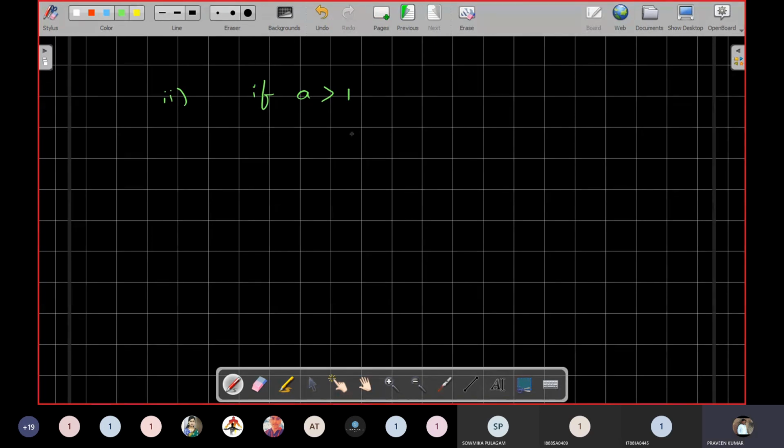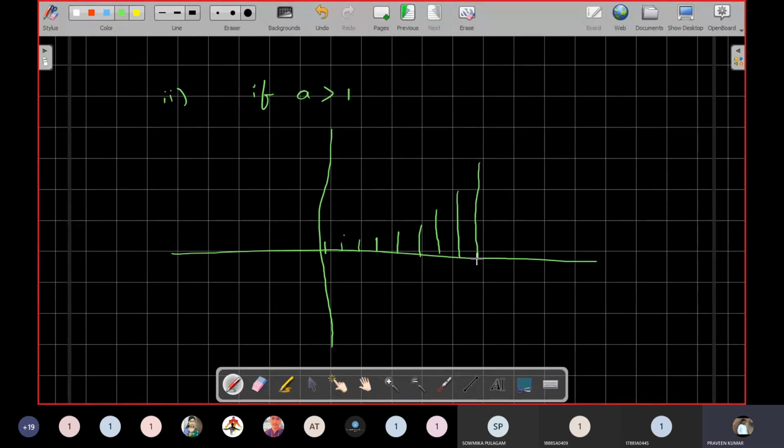Simply, this is an exponentially rising signal, like this. Your x-axis is time and the y-axis is your amplitude x of n.